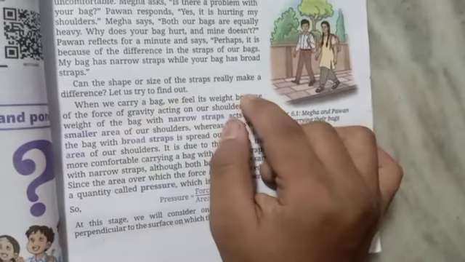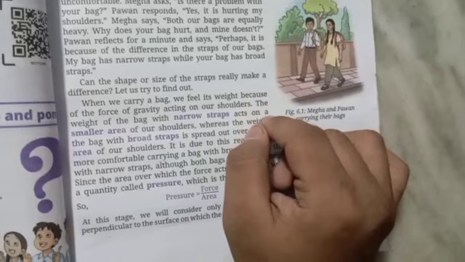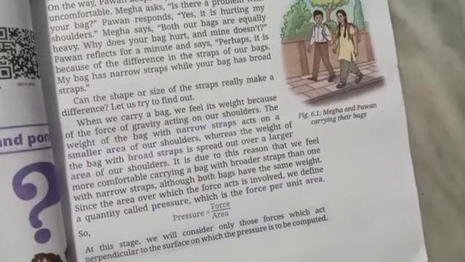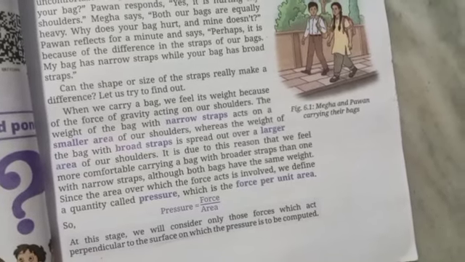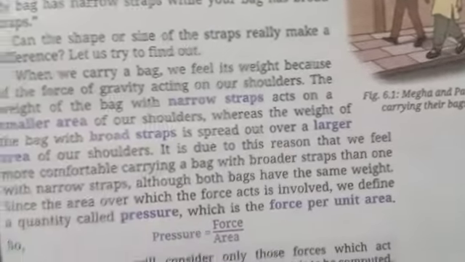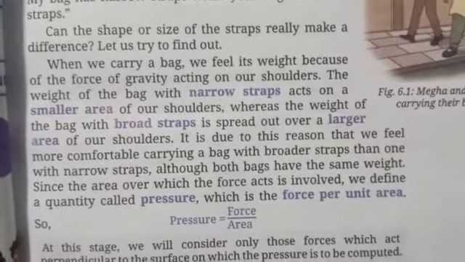When we carry a bag, we feel its weight because of the force of gravity acting on our shoulders. The weight of the bag with narrow straps acts on a small area of your shoulders, whereas the weight of the bag with broad straps is spread out over a larger area.